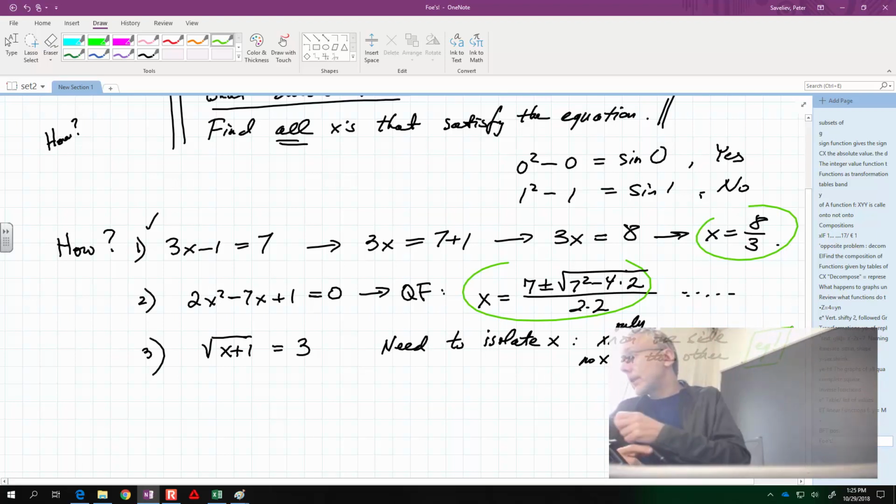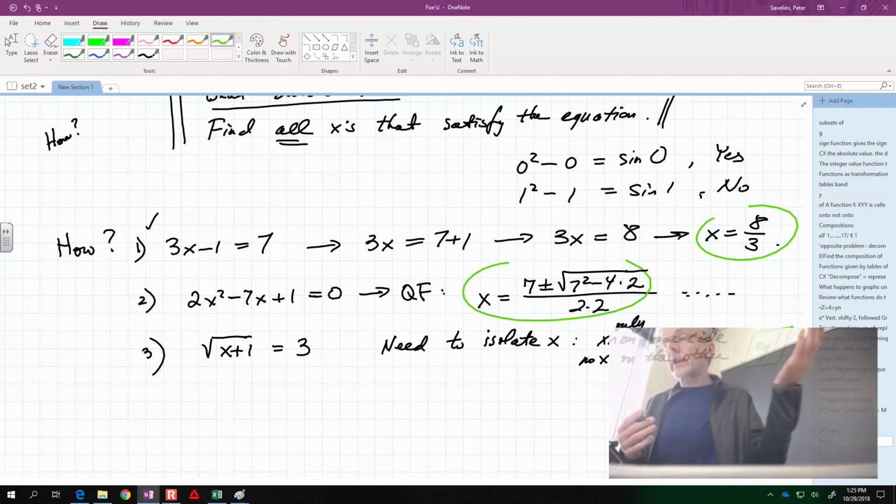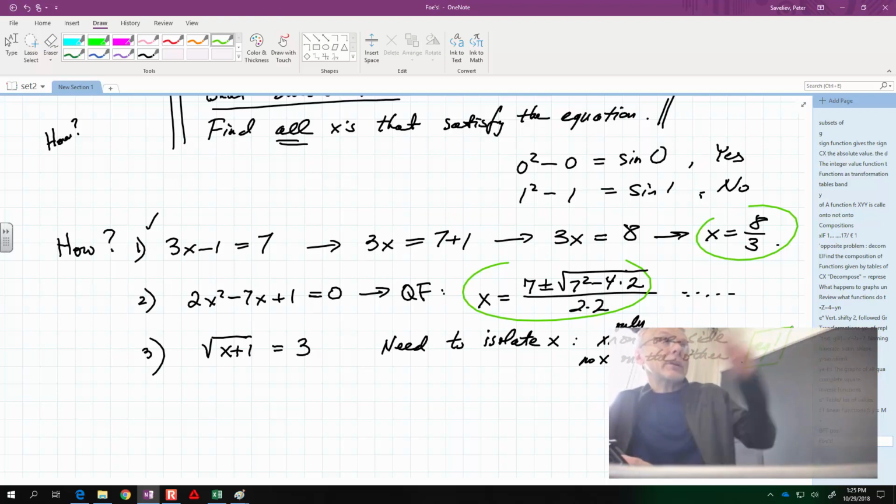Okay, so that's the isolation. Sometimes it's hard. The quadratic equation is actually pretty hard. If you think about it, x appears twice, so you cannot do the manipulation that you have in the first line in order to isolate x in that manner. But the third one is actually simpler than number 2 because you can actually isolate x.